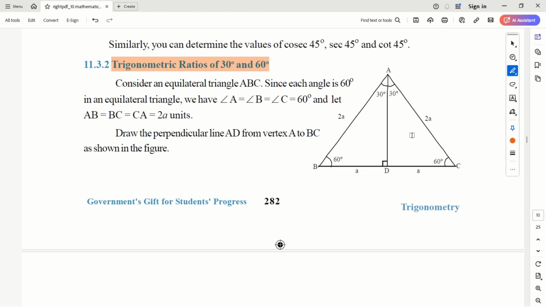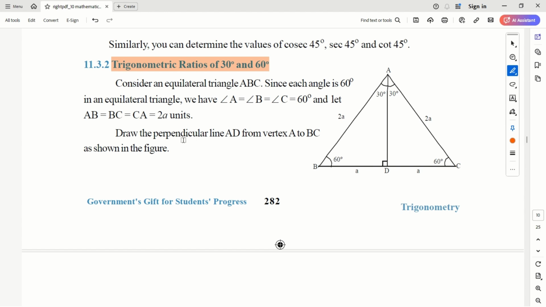Now take the triangle ABD. At one vertex you have 30 degrees, at another you have 60 degrees, and there is a 90 degrees angle. The side opposite to 30 degrees is a, and opposite to 90 degrees is the hypotenuse 2a. The side opposite to 60 degrees we can derive by applying the Pythagoras theorem, and what you will get is root 3, square root of 3 a.